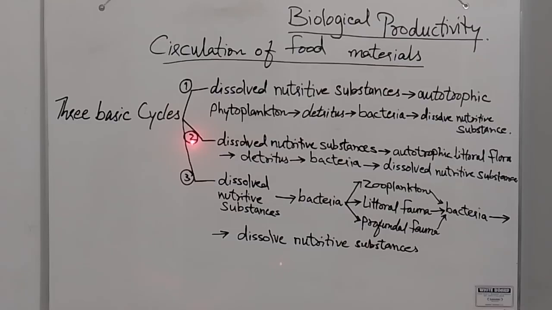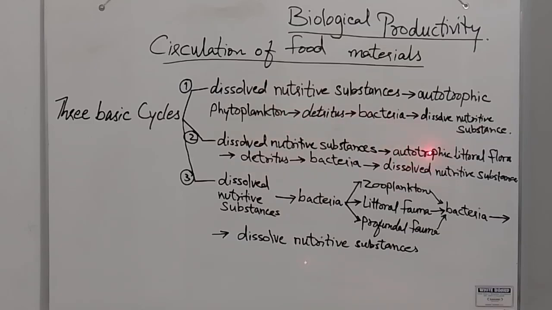Another basic cycle: look at this, here the dissolved nutritive substance is the same as in the previous cycle. These dissolved nutritive substances are used by autotrophic littoral flora. This is different from the phytoplanktons.